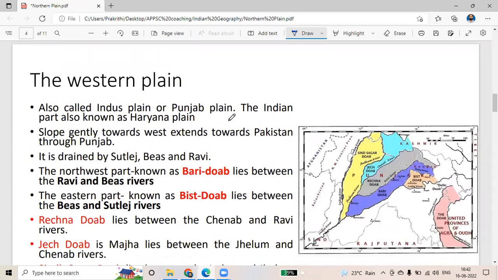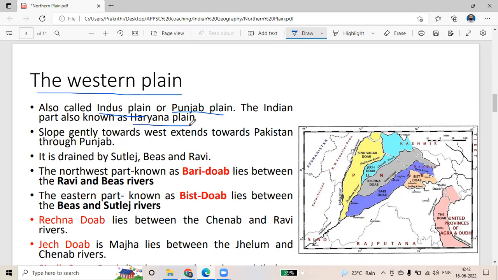The first one, the Western plain. It is also known as the Indus plain. I said the Western plain is made by the Indus River and its tributaries. It is also known as the Indus plain, as it mostly covers the Punjab and Haryana region. So it is also known as the Punjab plain and also the Haryana plain.